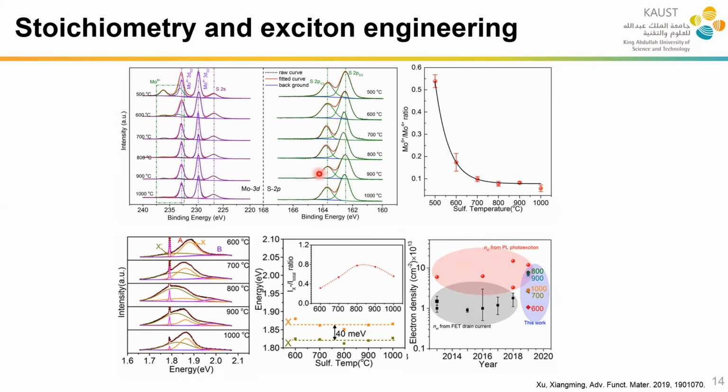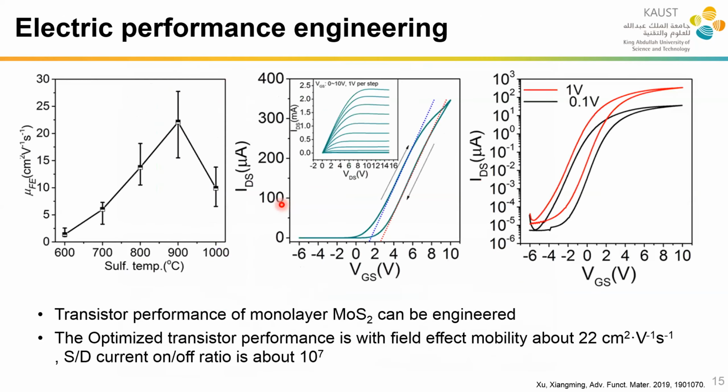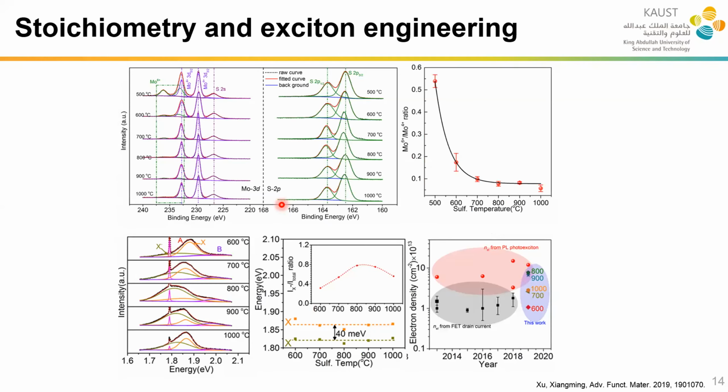The other advantage here is that we can engineer the monolayer film structures, especially the chemical ratios. I think this cannot really be achieved in CVD, because CVD growth of monolayer film has a very small window to grow uniform film.